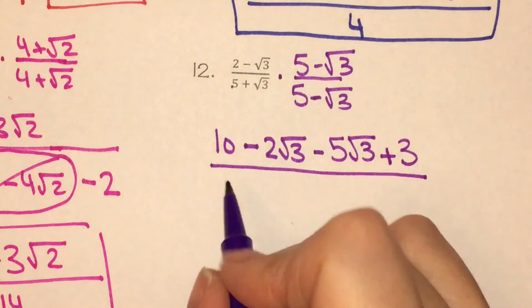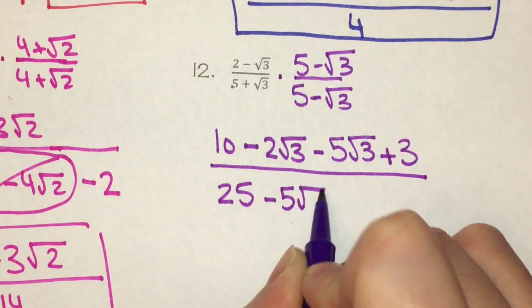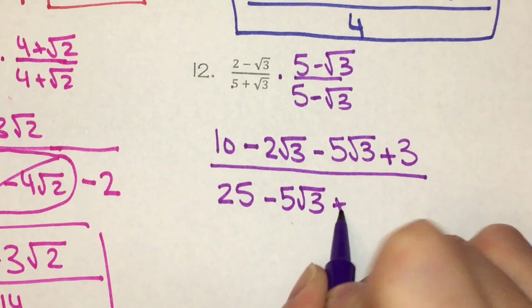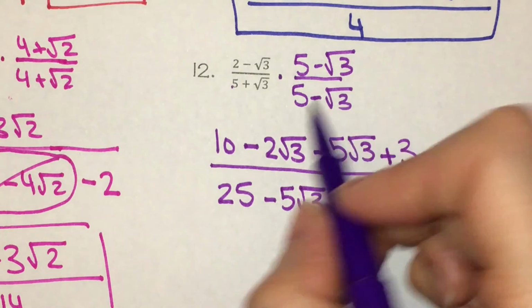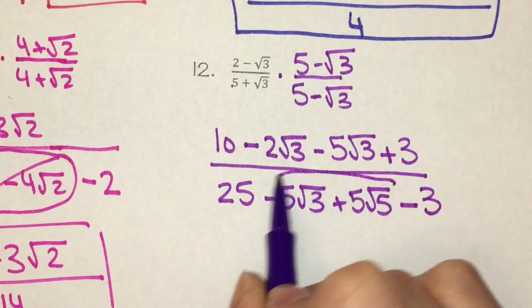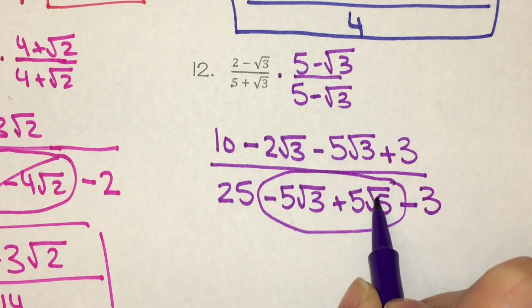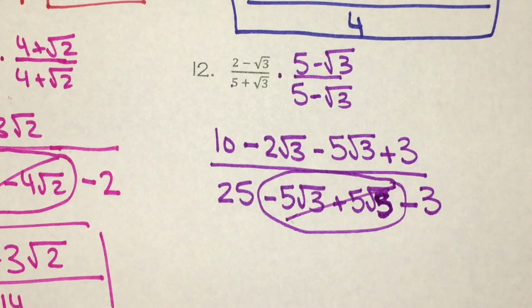On bottom, 5 times 5 is 25, 5 times a negative square root of 3, square root of 3 times 5, and positive times a negative is a negative, square root of 3 times square root of 3 is 3. On bottom, the middle two terms, whoops, this was supposed to be a 3. Middle two terms cancel each other out.